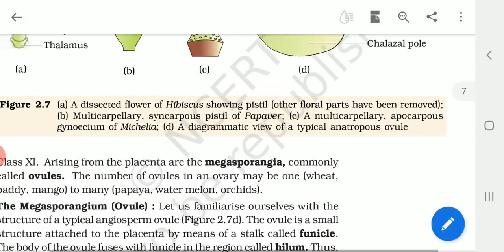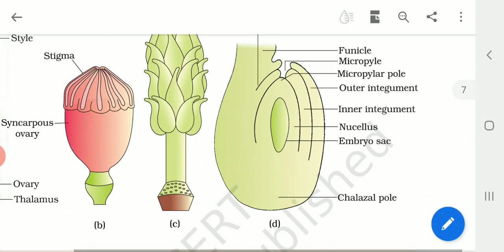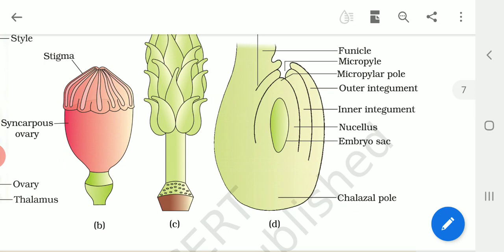Let us study the structure of megasporangium, that is ovule. You can see there is a stalk on the ovule which is called funicle. The junction between the funicle and the ovule is known as hilum.